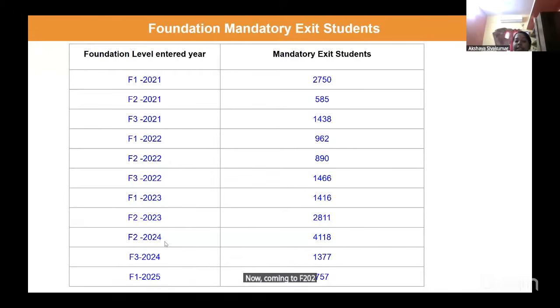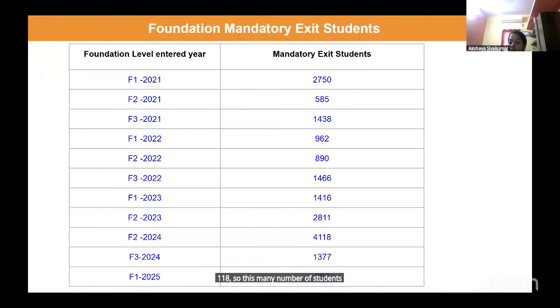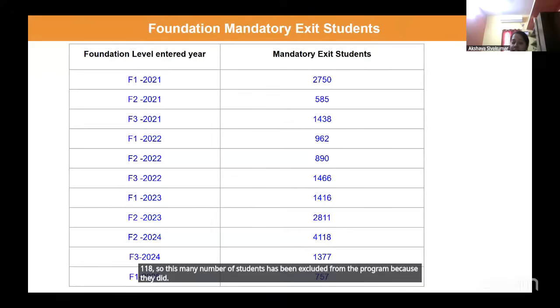The student has entered their foundation in May 2024, so from there the 4th term condition and the 6th term condition start. 4 courses in 4 terms have to be completed, and 6 courses in 6 terms have to be completed. Combining that, we have displayed the number, which is 4,118. So this many students have been excluded from the program because they didn't satisfy the condition.